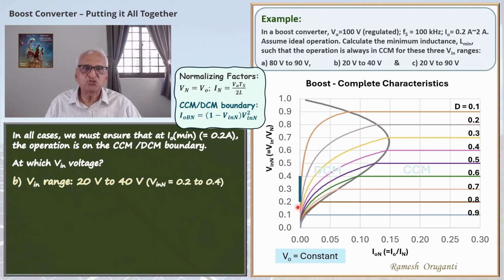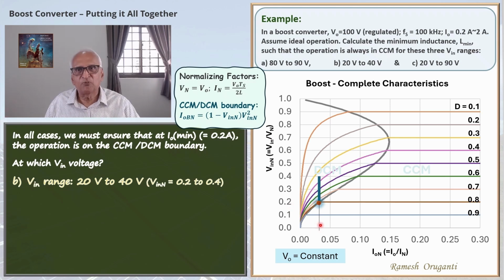So we will have the situation shown. So in this case, we are planning to ensure that when VinN equal to 0.2, the operation is on the boundary. That means we are planning to keep the ION corresponding to 0.2 amperes at this value.